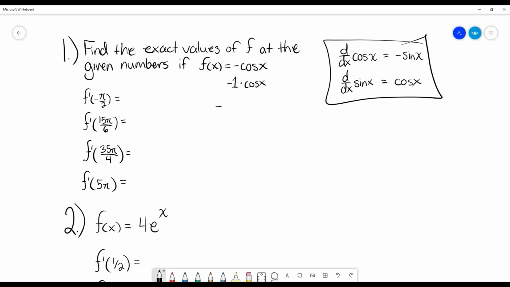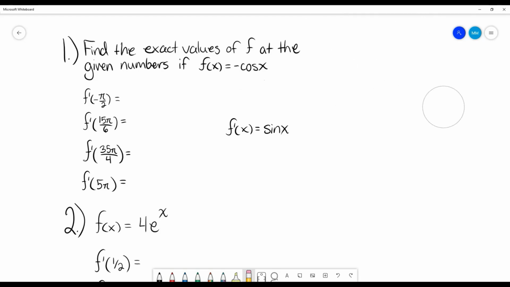So what we're going to have is negative 1 times whatever the derivative of cosine of x is, which is negative sine of x, which tells us that the derivative of f, these negatives cancel out, and then it's just 1 times sine of x, so it's just sine of x. I'm going to erase this bit so we've got space for other things, and I'll rewrite that up here. So our derivative of f is sine of x.